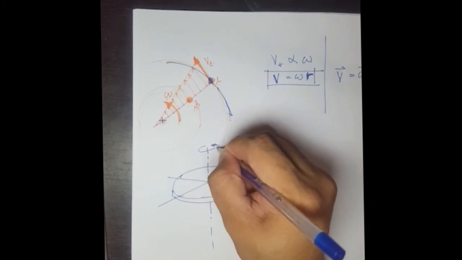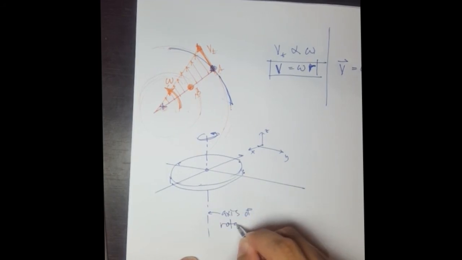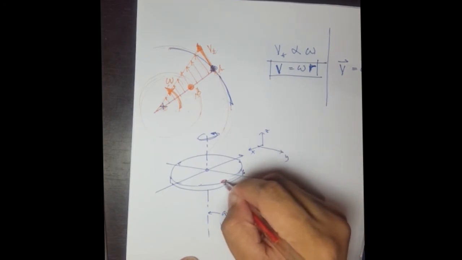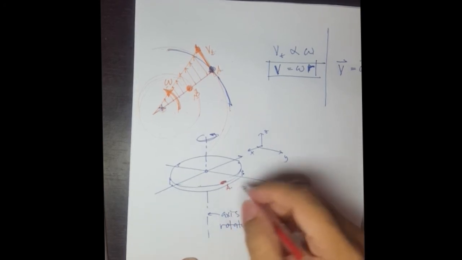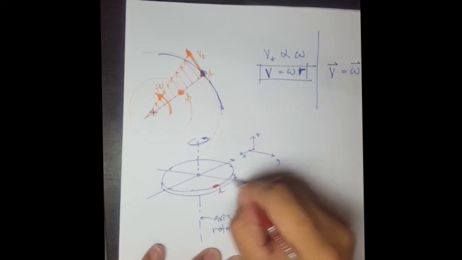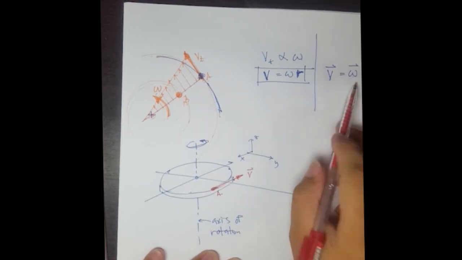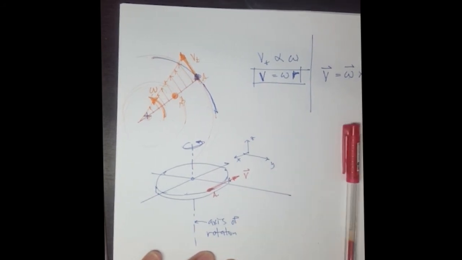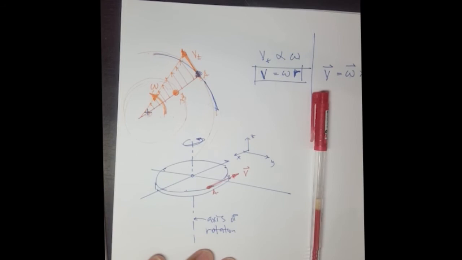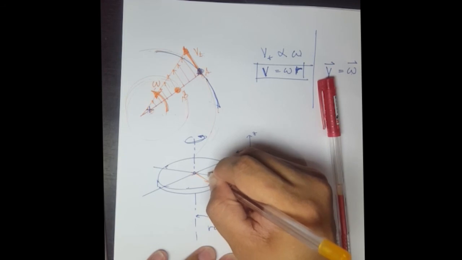Let's say this is the point A that we are trying to consider. We say that the velocity vector, let's say this is the tangential velocity, is a cross product of the angular velocity with the position. Let's say this is our reference point, so this is the position vector here.